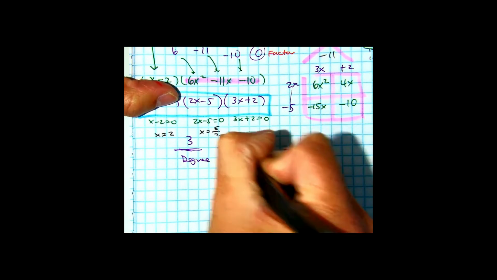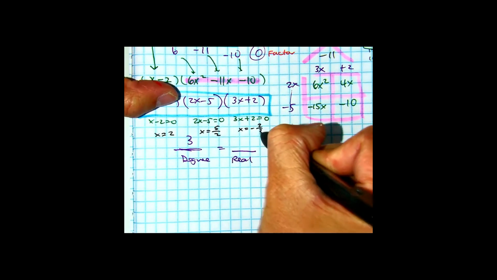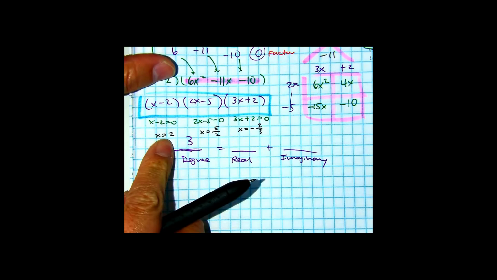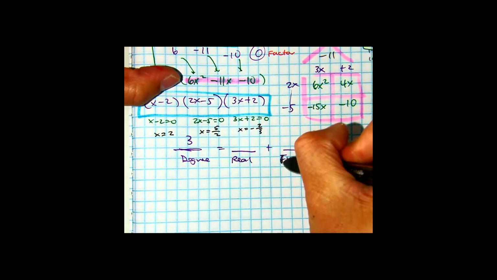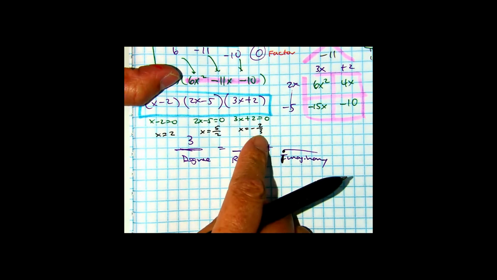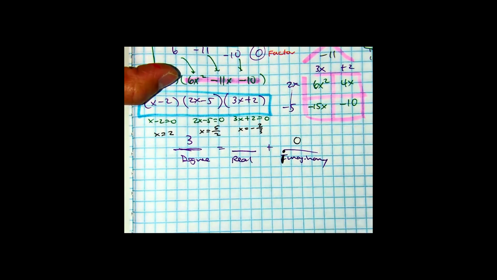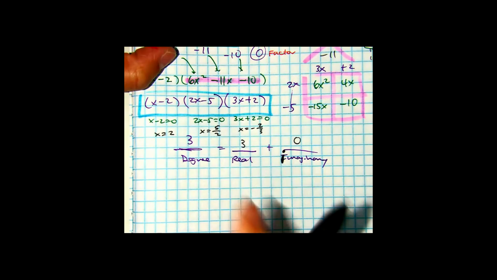X minus 2 is our factor, so x equals 2, x equals 5 halves, and x equals negative 2/3. Are there any i's in there? No. Remember, there's no imaginary there, no imaginary there, no imaginary there. So we have 0 imaginaries in this problem, and we have 3 reals.